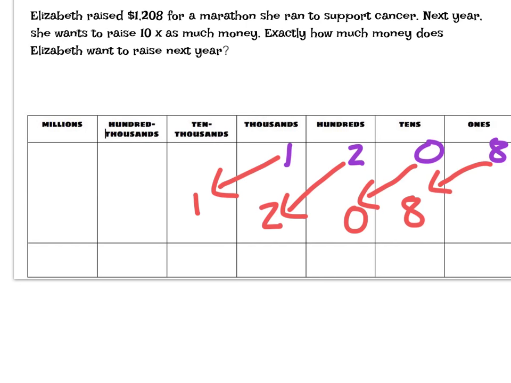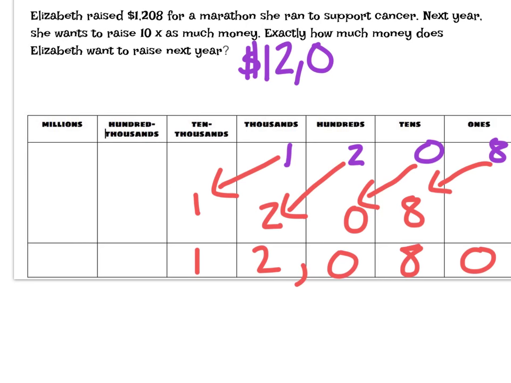So next year she wants to raise 12,080. Because we have 0 ones, we have to put that at the end. So I'd write my final answer as 12,080. And then I want to reread the problem to make sure my answer makes sense with the problem.